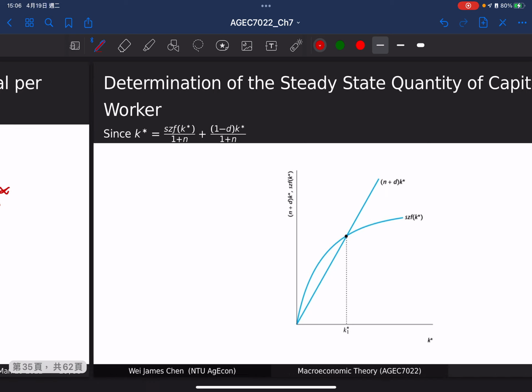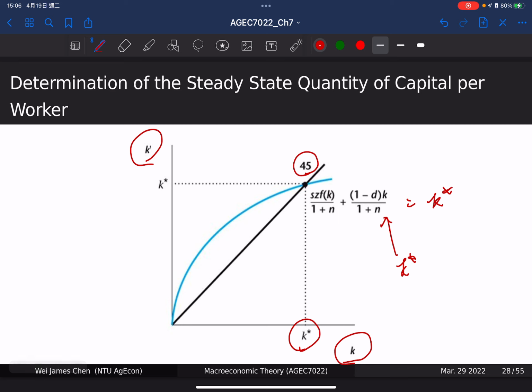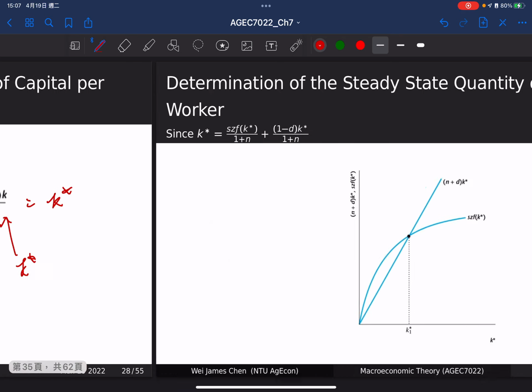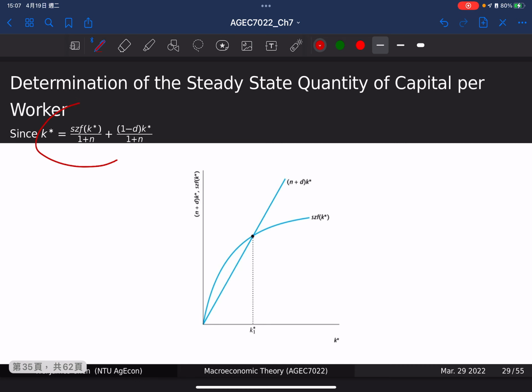Okay. Any questions so far? Okay. And since we have this, in the steady state, k star equals szf of k star, and the whole bunch of these things. We can separate this into two parts.